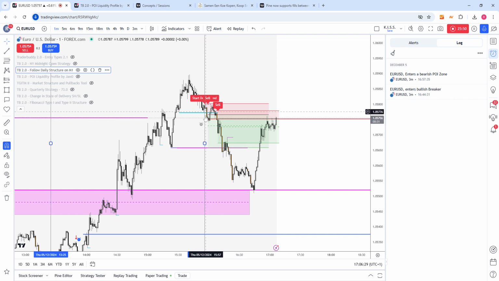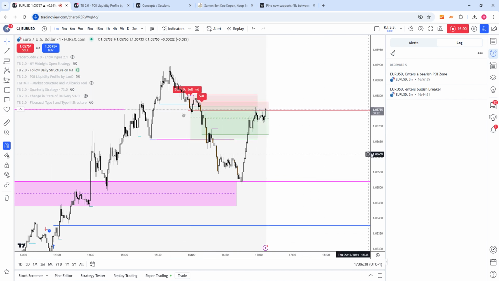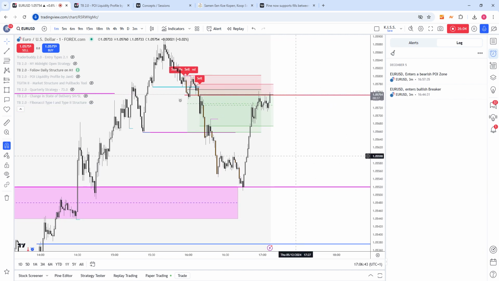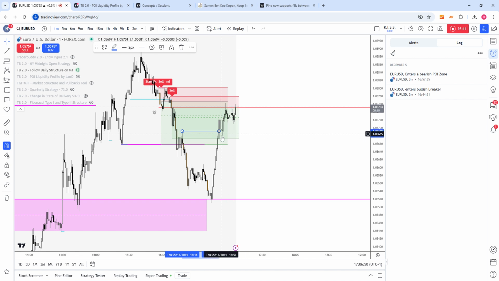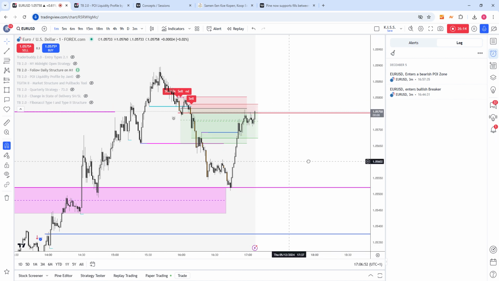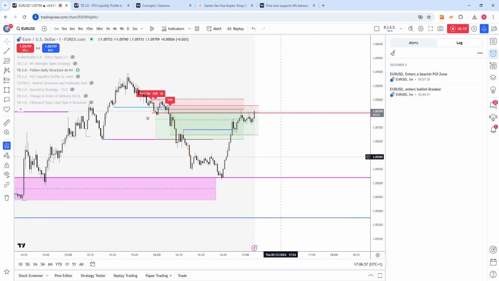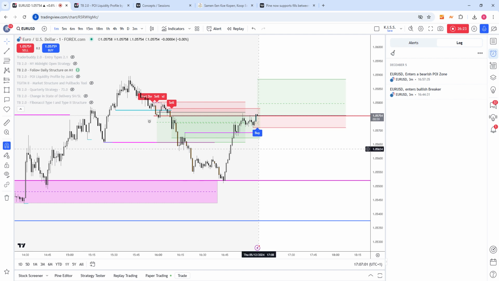Now I have to put this one over here and no. And that's weird because, oh no, that's not weird. This level was not broken, at least not by a valid break. So the indicator only gives an alert when we have a valid break of this level.